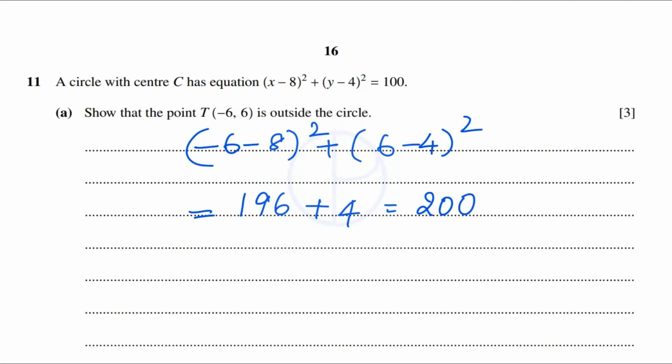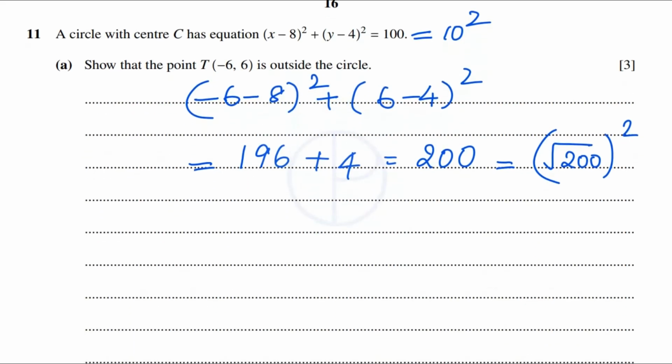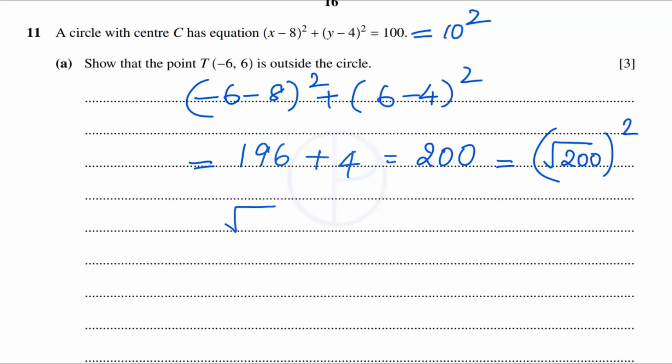And 100 can be written as 10 square. So 200 can be written as square root of 200 the whole square. So square root of 200 is greater than 10.